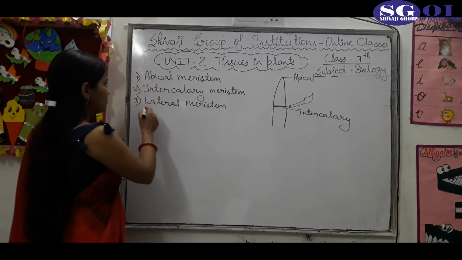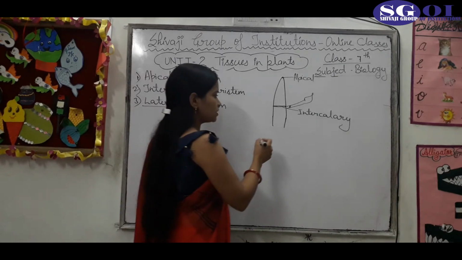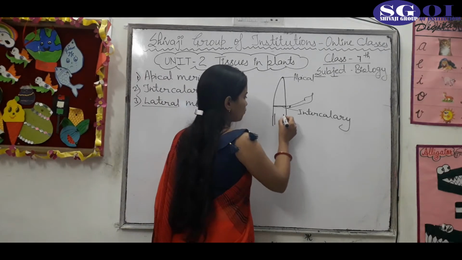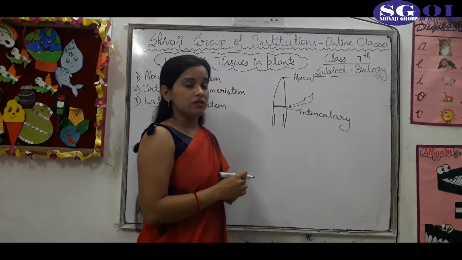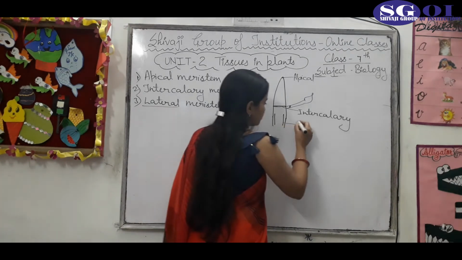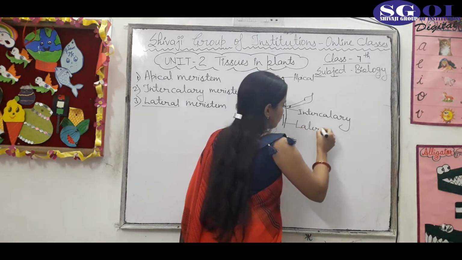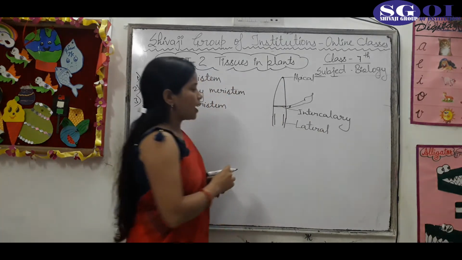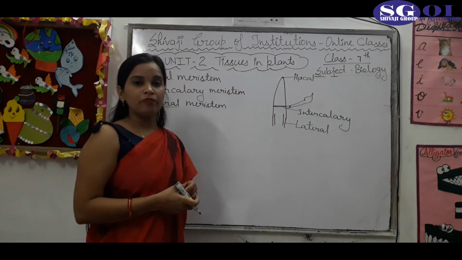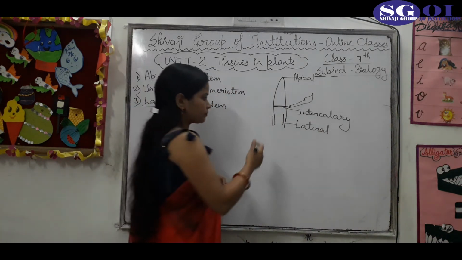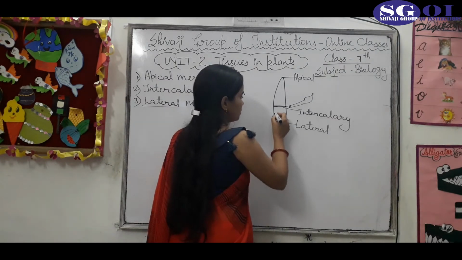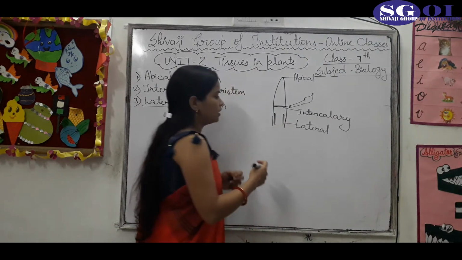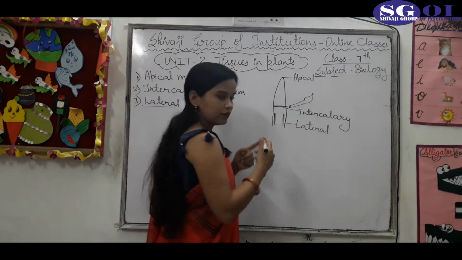Third is the lateral meristem, and this lateral meristem is found at the base of the plant. This type of meristem is responsible for the increase in the circumference of a plant. Plants grow in two directions.